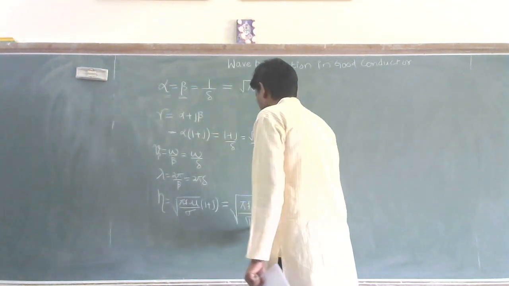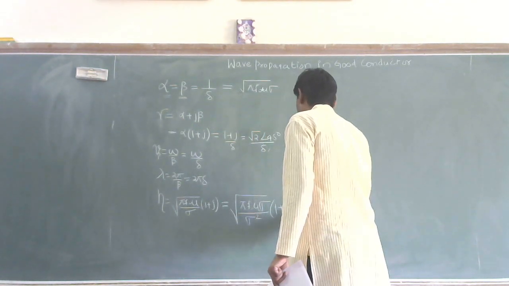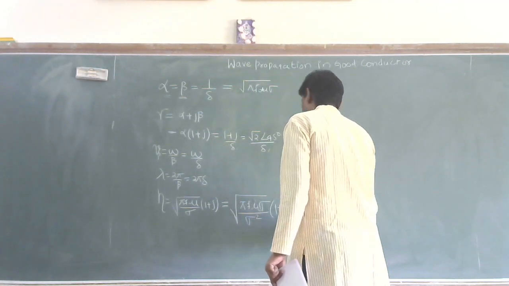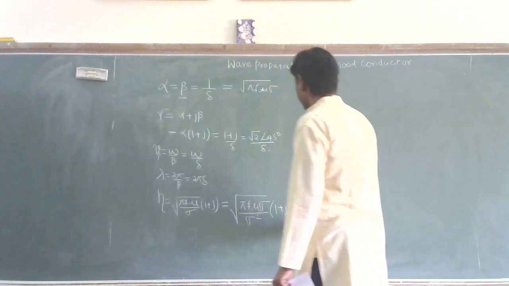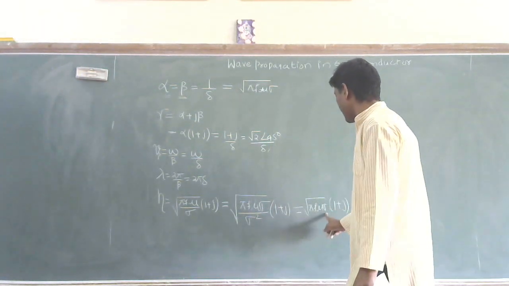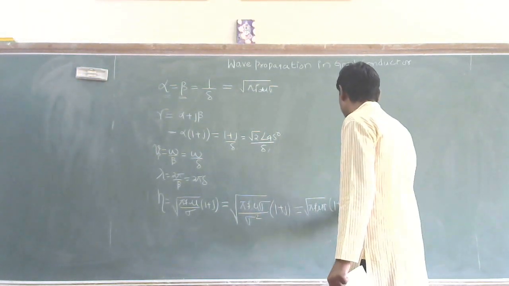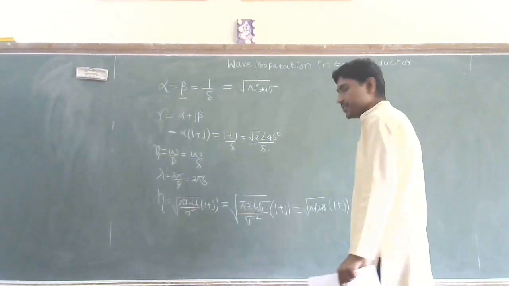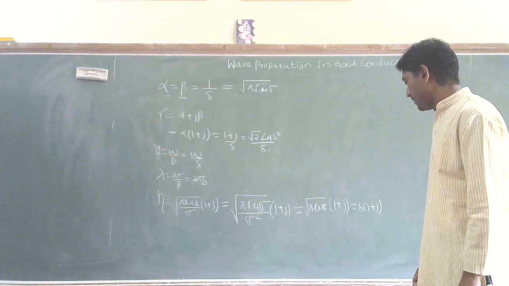So you could check that I could write this as root of pi f mu sigma into 1 plus j, divided by sigma.